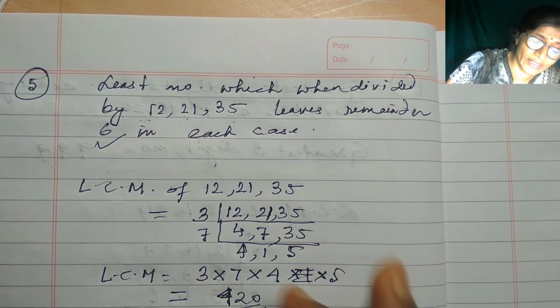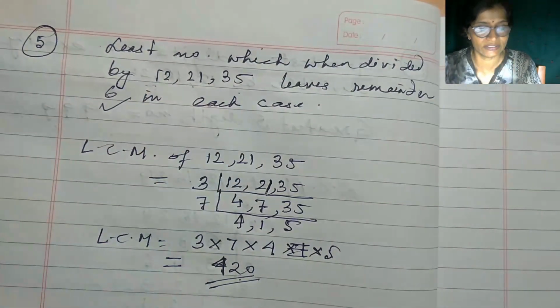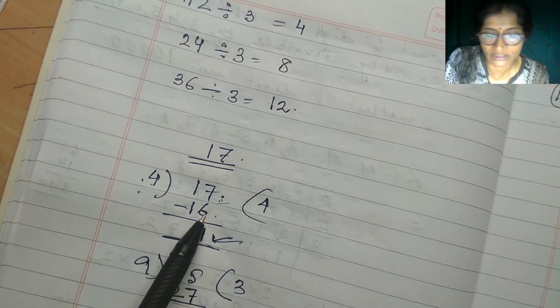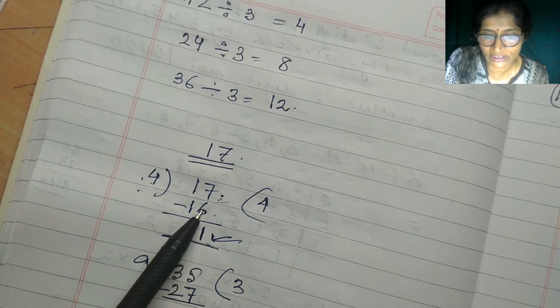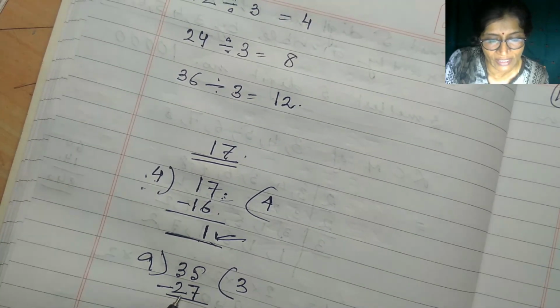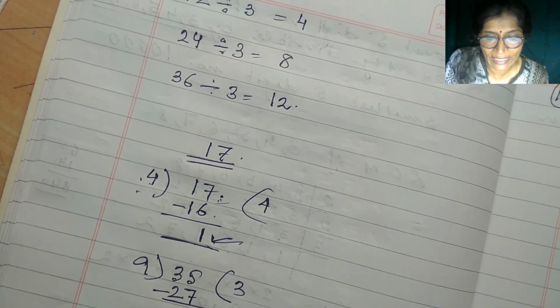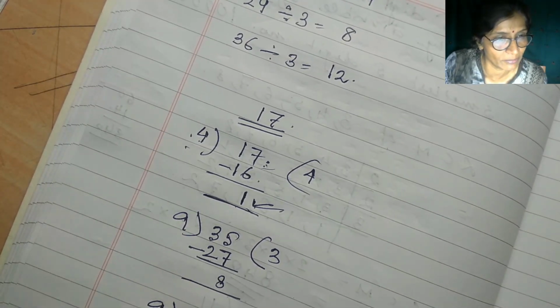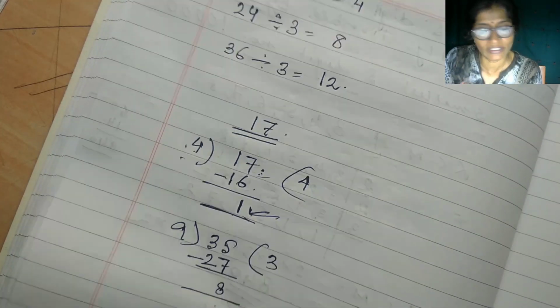Now 420 is divisible by these numbers. What I said to you just here, that 16 is divisible by 4. So 16 plus 1, 17 is not divisible by 4. In the same way, 27 is divisible by 9. If I add the remainder, it will become 35, so that is not divisible by 9. It will leave the remainder 8.